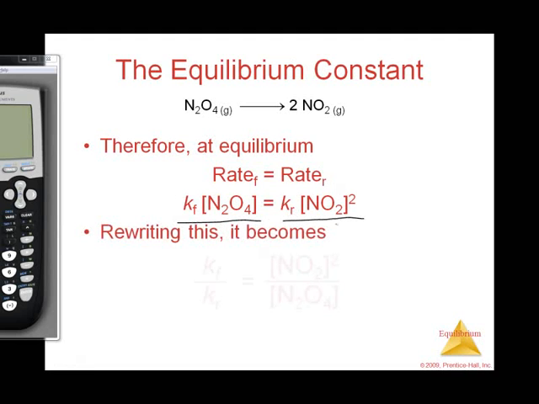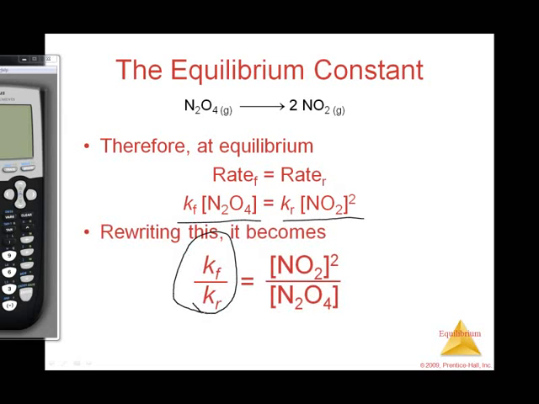So if I were to rewrite this, we end up with the rate constant of the forward over the rate constant of the reverse is equal to the products, with their exponent, over the reactants with their coefficient as the exponent. Okay? So this ratio of rates is what we know as the equilibrium constant.